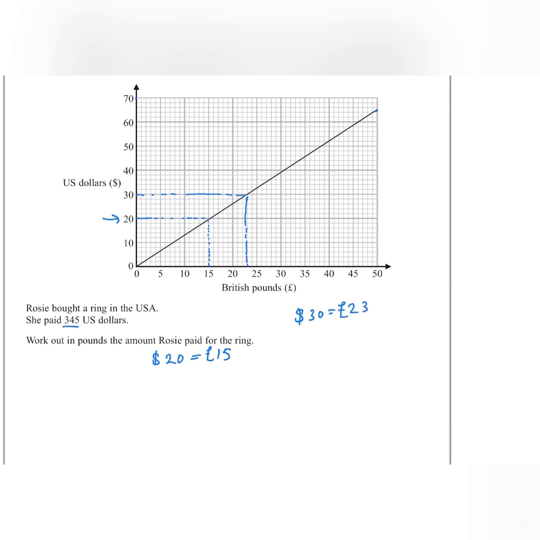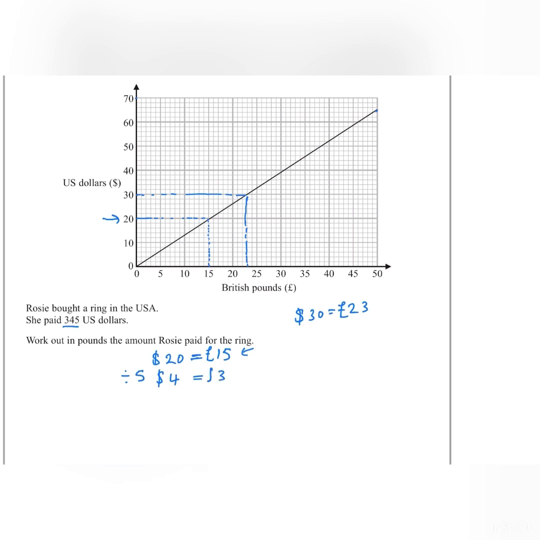But I'm going to look here since it's a multiple of 5 on this side. If you divide by 5 both sides, we get $4 is roughly worth, divide by 5, £3.